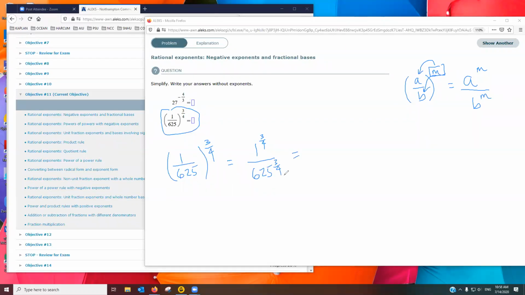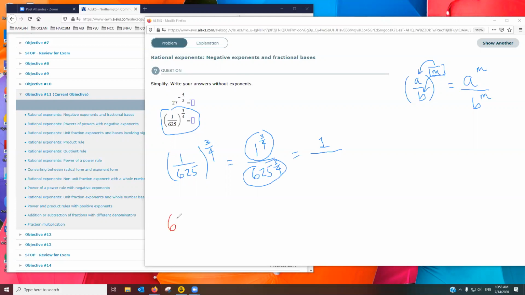All right. Let me go to the top. 1 to any exponent always stays as 1. So this answer is just going to be a 1 on top. Let me now work out 625 to the 3/4 on the bottom.